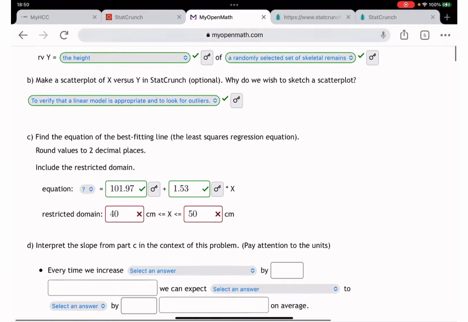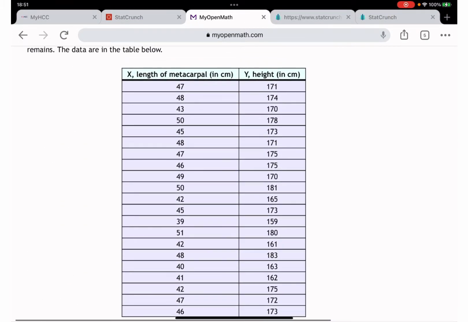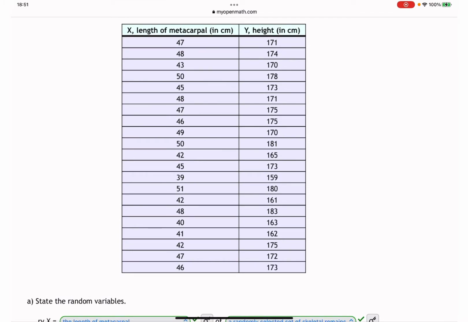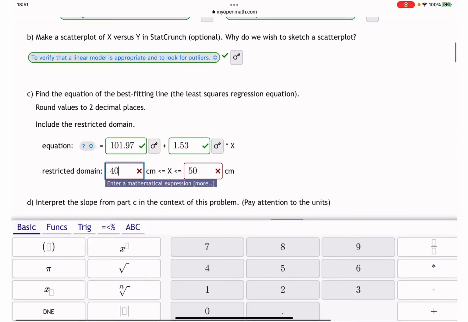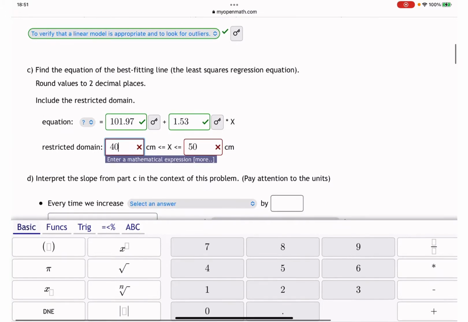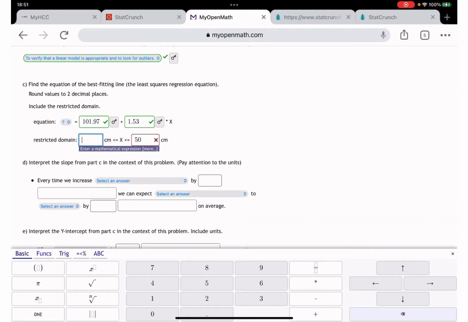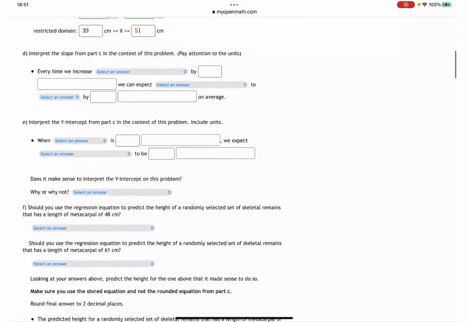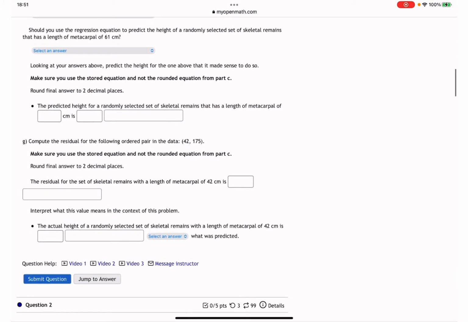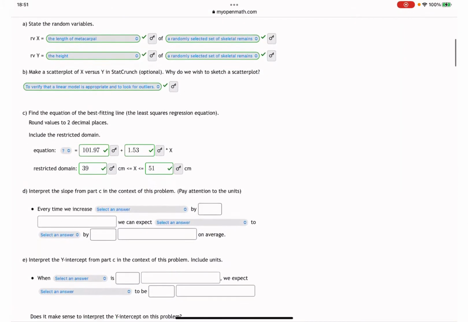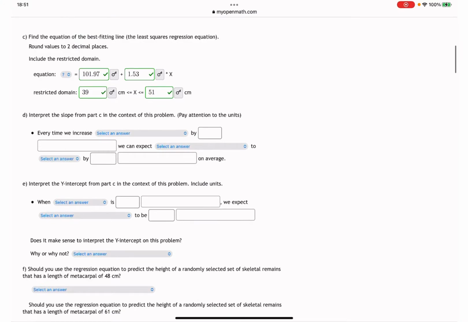What is supposed to be here? Domain. Do we have less than 40? 39. Okay. 39 and 51. All right, let's fix it. 39 and 51. Let's double check again. Okay, we're good.